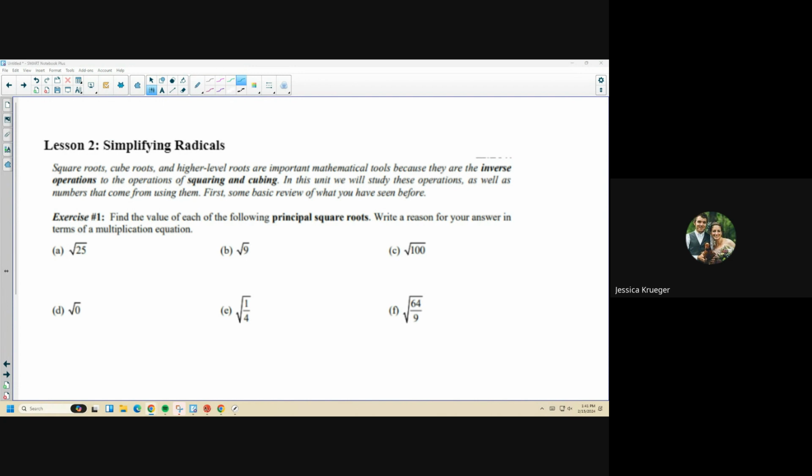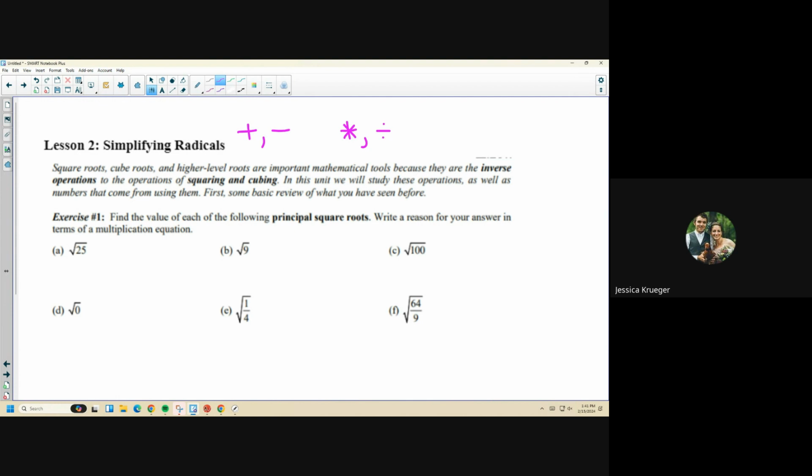One thing to know about a square root, if you think about inverse operations: if you have the operation of addition, subtraction is its inverse. It undoes it. If you have a multiplication operation, division is its inverse.